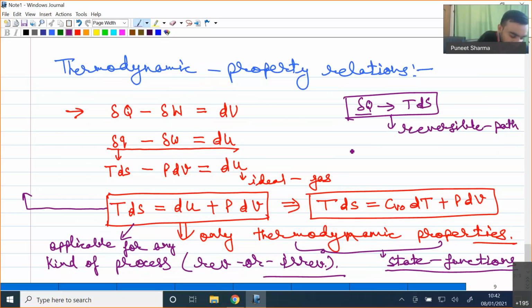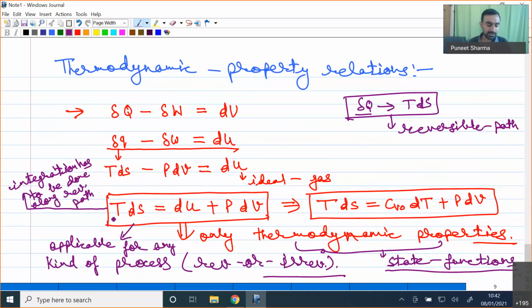That's why integration has to be done along a reversible path. But in general, I can apply this equation to any process, whether reversible or irreversible, because it involves only properties.